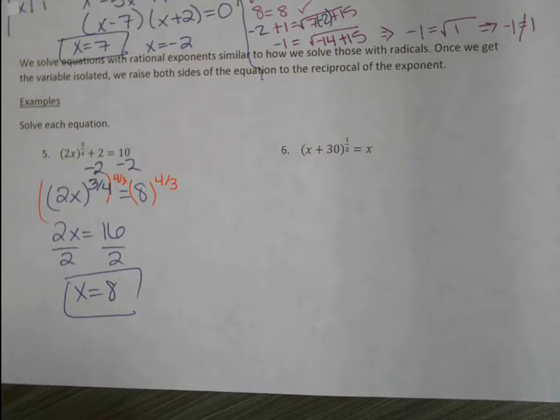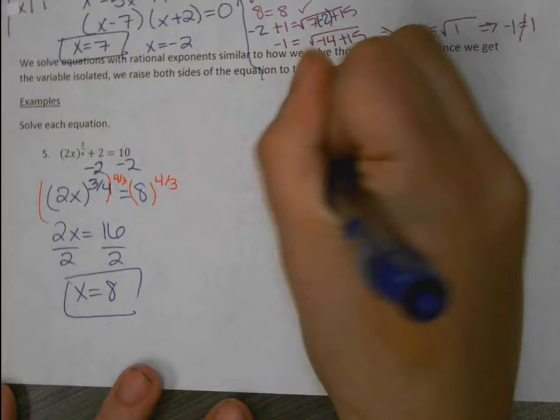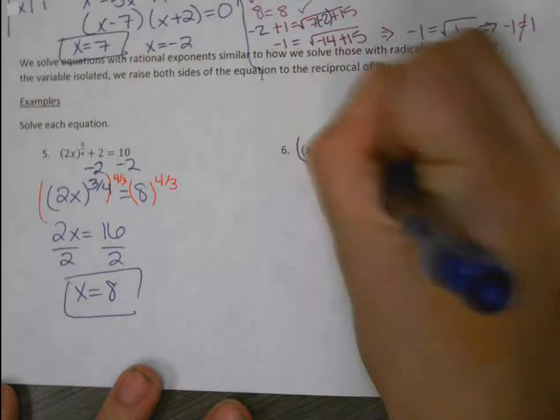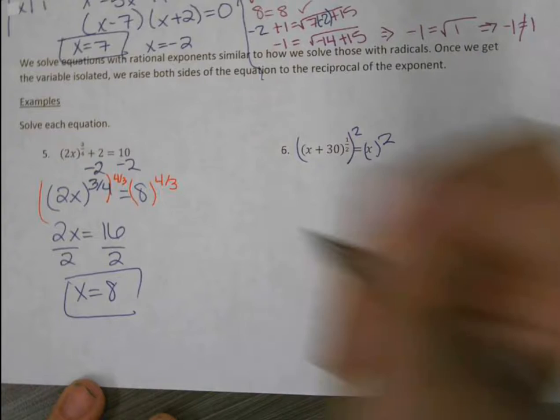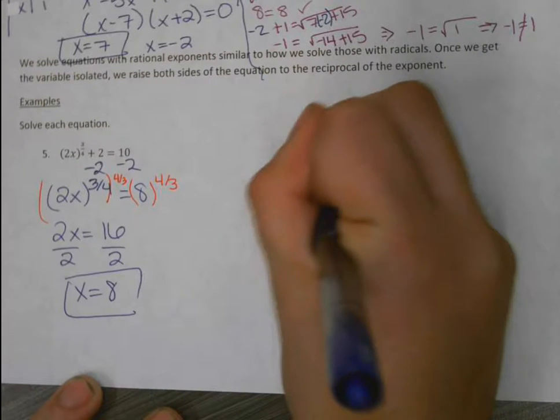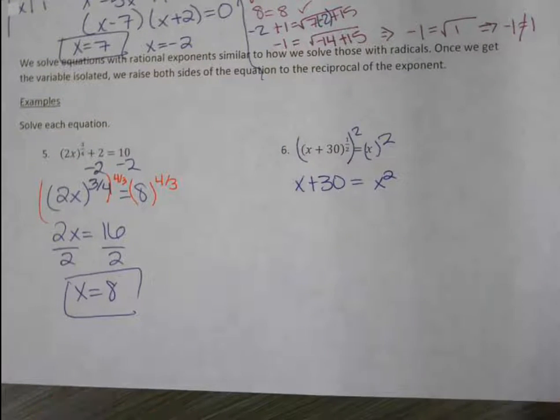Yeah, I can still do the same thing on number 6. Guys, you're way too loud. So I square both sides, I get x plus 30 on the left and x squared on the right.